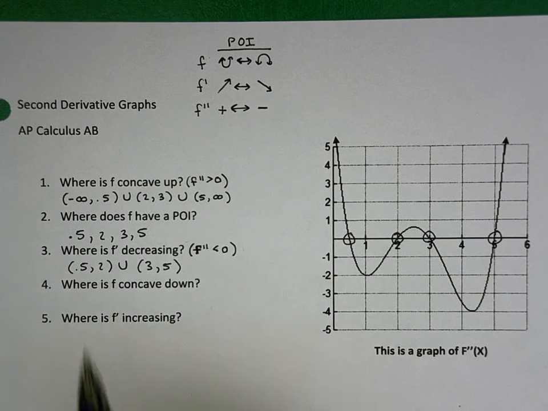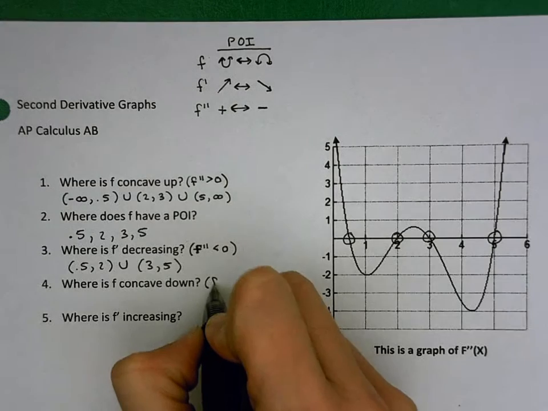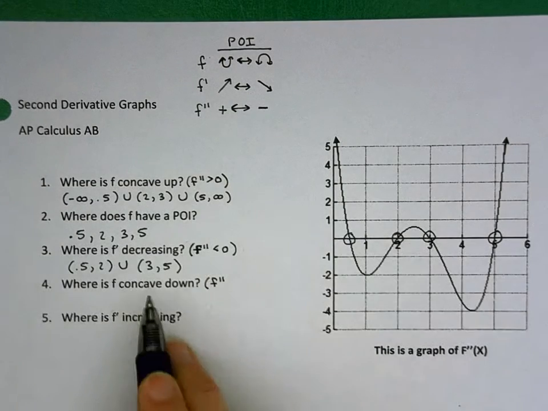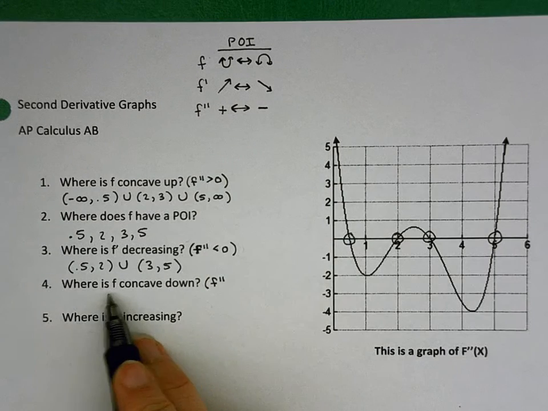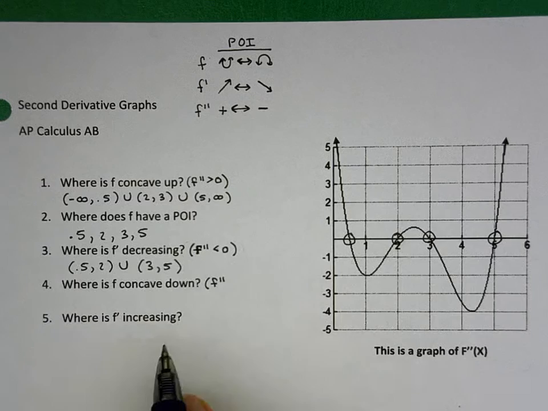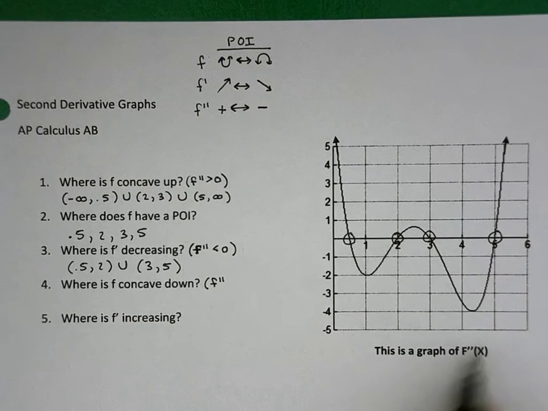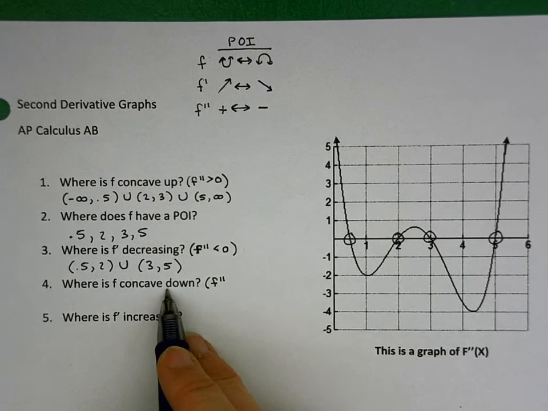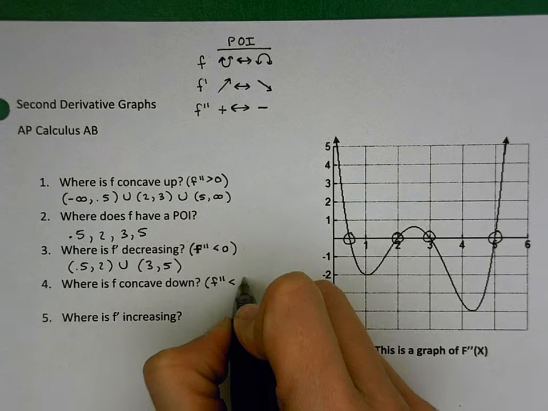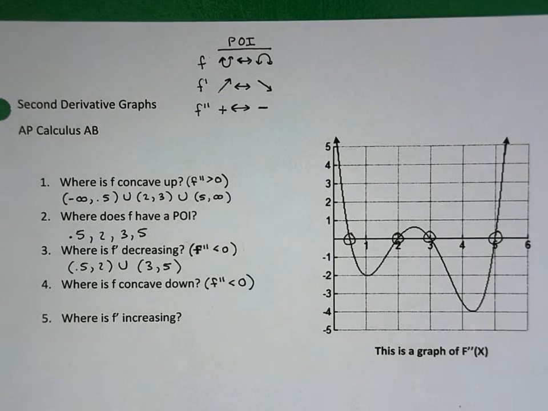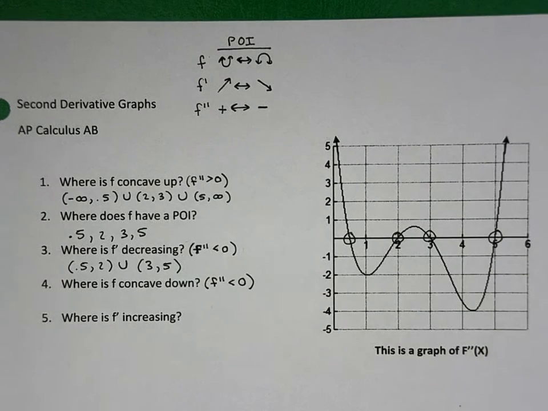Okay, number 4, we are asked, where is f concave down? Again, I'm not looking at an f graph, so I can't look for the frown. Instead, I need to translate this direction into terms of f double prime, because that's what graph I've got. F concave down means f double prime is less than 0. And so essentially, number 4 is the same question as number 3, just phrased differently.